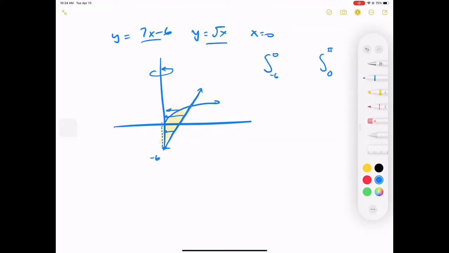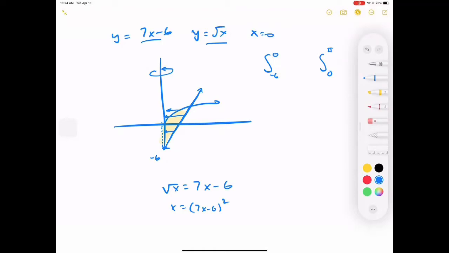So on the test, fine. The square root of x equals 7x minus 6. If I square both sides, it'll be x equals, whoops, what am I doing? It'll be 7x minus 6 squared. I think it'll be easier if we just find out where they intersect, but let's see if we can do this manually.